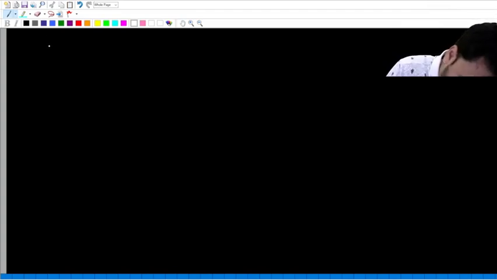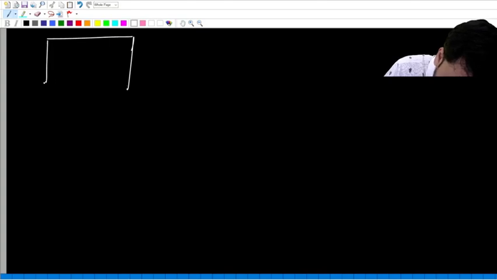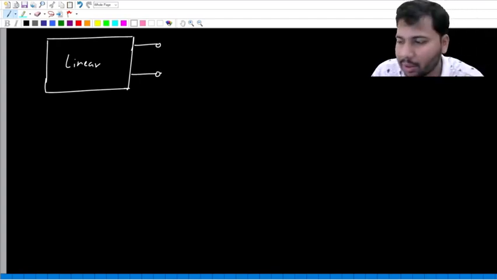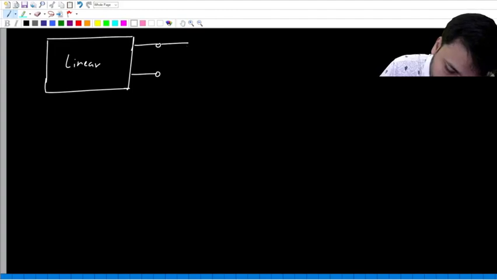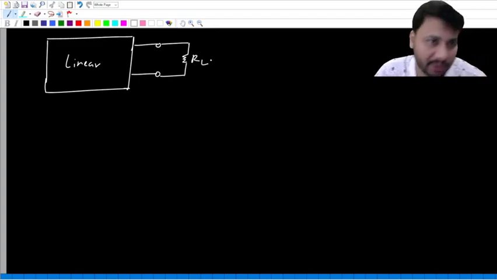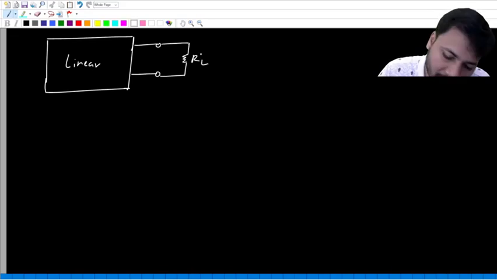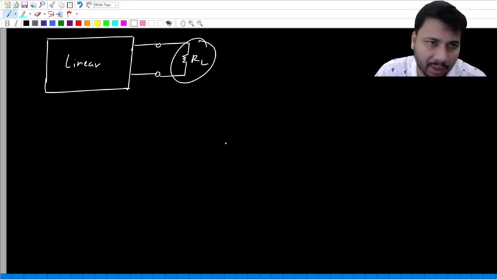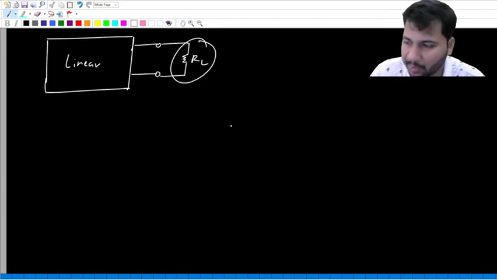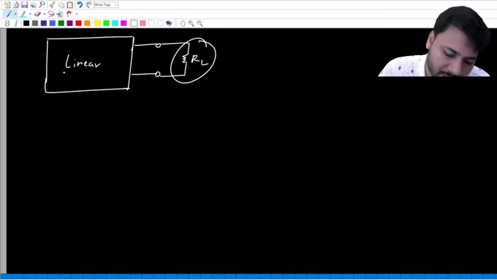So once again, let's say this is the original linear network, and let's say it has only one port, and across this linear one-port network we connect some load resistance. We are only interested in the voltage, current, or power with respect to the load, not in voltages and currents within this box.